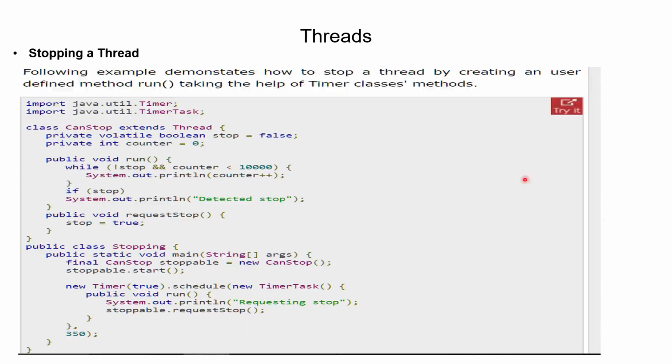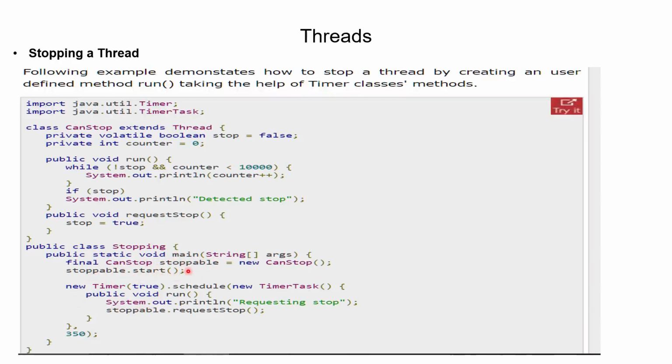Here's an interesting example. We demonstrate here how to stop a thread with help from some timer classes. So we're importing our timer classes here. We have a class canStop, which is a thread. It extends thread, and we can see here the run method and a request stop method here. Here is our main method. Sometimes it's hard to see, but here it is, and here's a new timer.